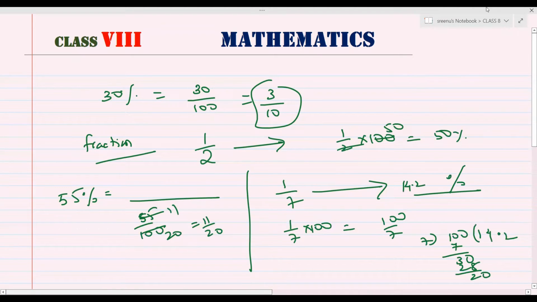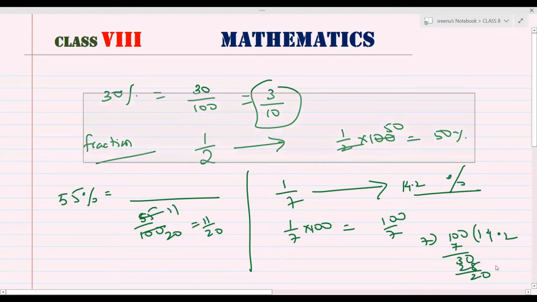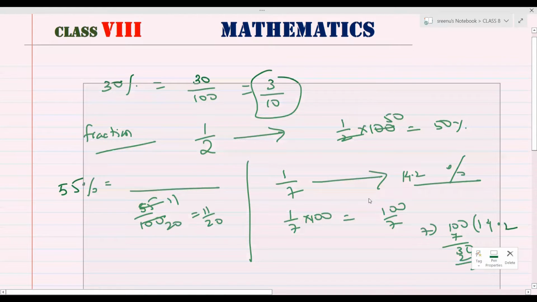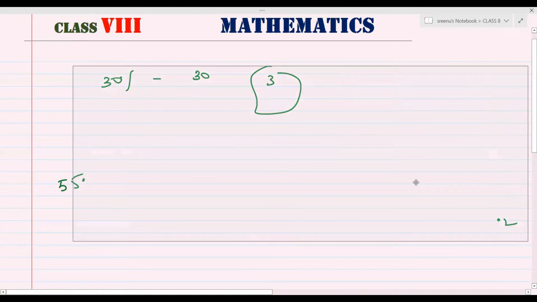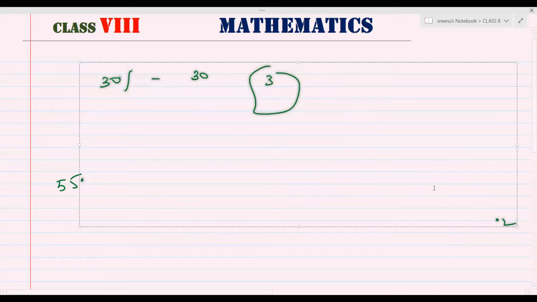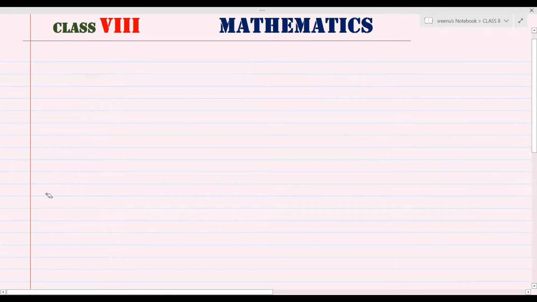Next, ratio to percentage means what? Let us see. I'm giving you the ratio 9:25. First I will write it like a fraction, then multiply by 100.